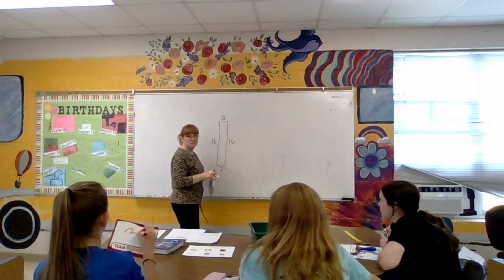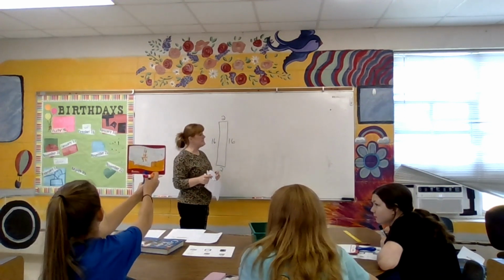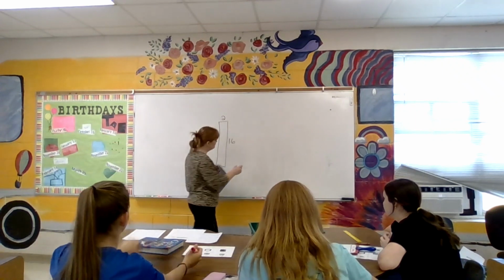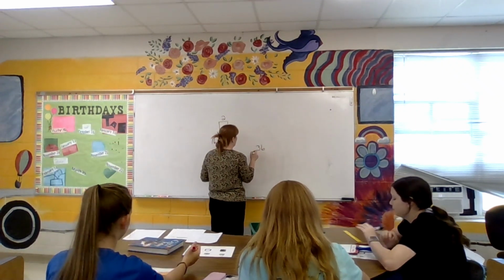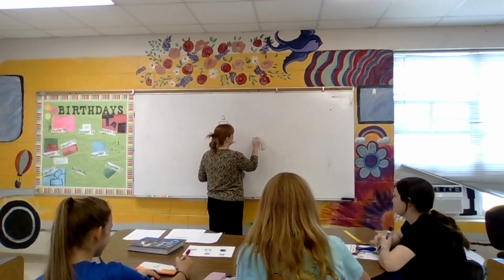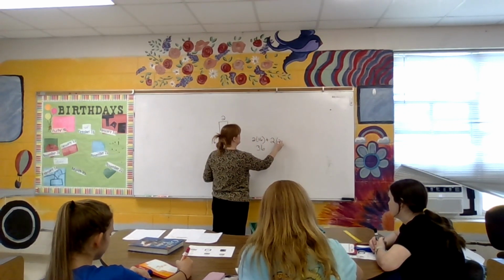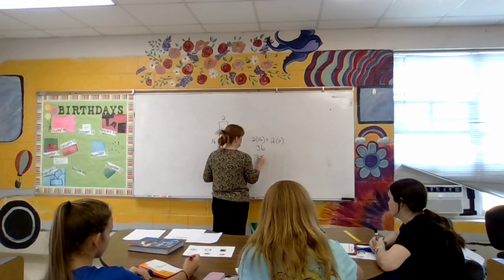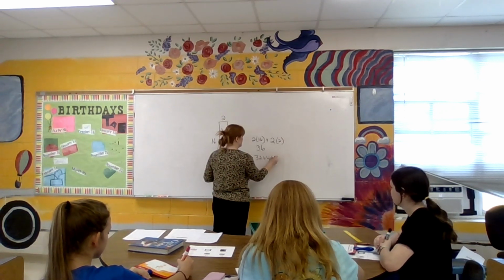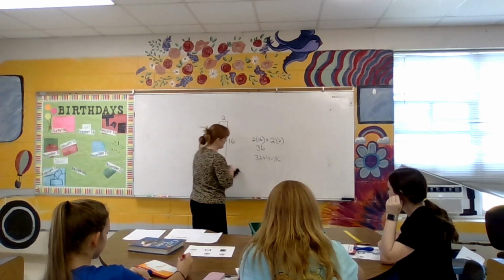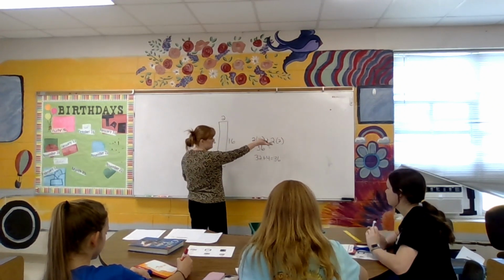So Hannah Hyatt, 36? 16 and 16 is 32. Yep, 36. So I got 2 times 16 plus 2 times 2 is 32 plus 4 equals 36. Okay, good job.